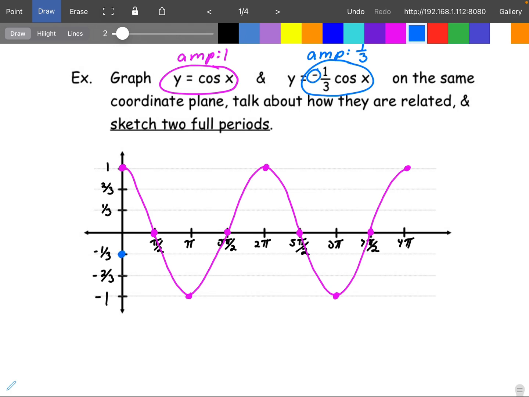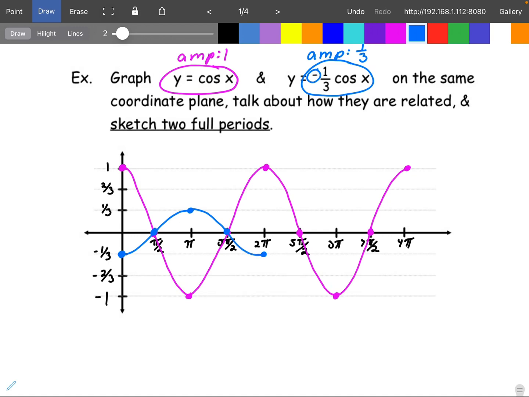It's still going to go to 0 because 0 shrunk is still 0. Then, instead of going down to -1, it's going to go up to 1/3, then back to 0, and then instead of going up to +1, it goes down to -1/3. So there's our first period of the cosine function.